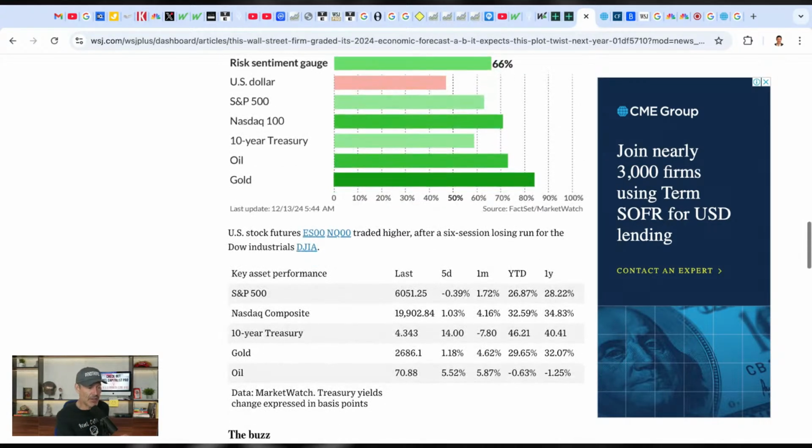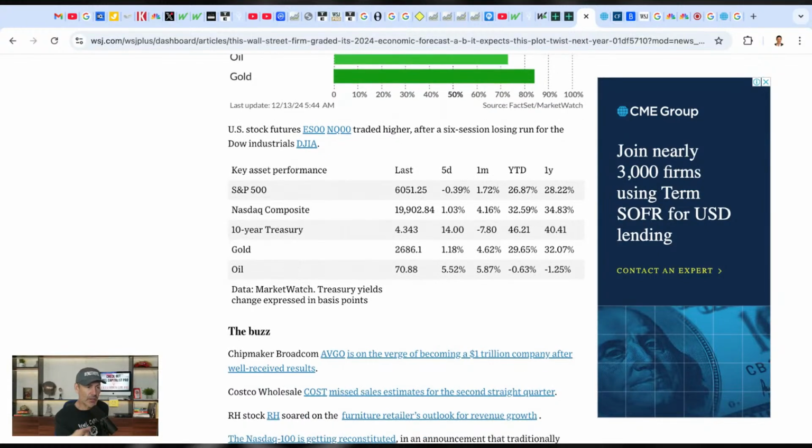And this obviously is a component of their analysis that leads them to the conclusion that the Fed is going to drop by more than the market expects right now.